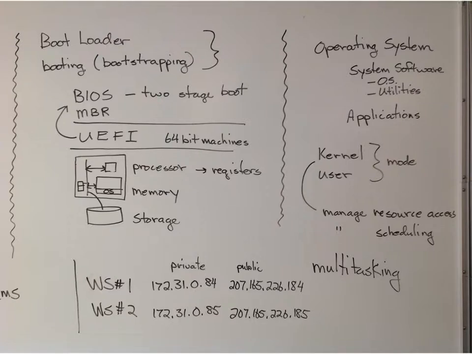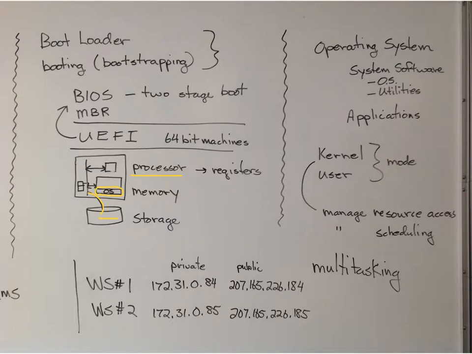Next thing we talked about, we need to understand that operating systems exist in storage and they get loaded into memory. And then the instructions are performed by the processor.